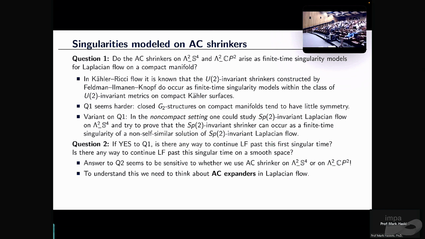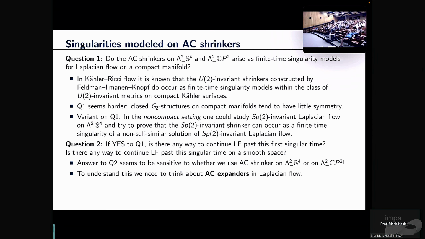The answer to question 2 currently appears to be sensitive to whether we're talking about the shrinker on lambda 2 minus of S4 or lambda 2 minus of CP2. To see the reason why there's a difference, you have to think about expanders.